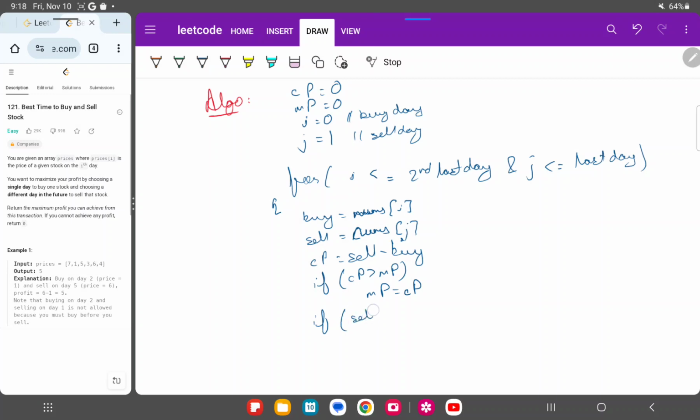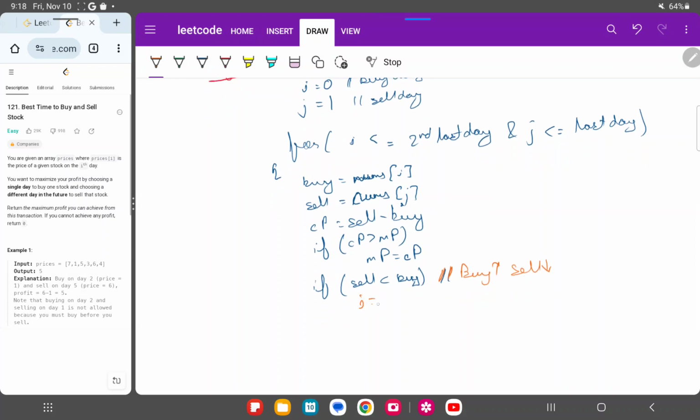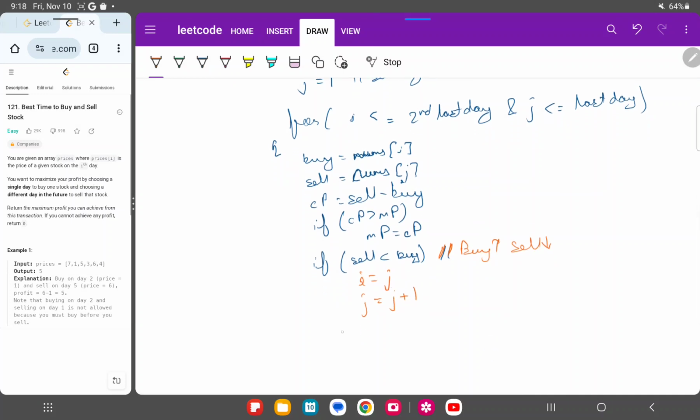If we encounter this condition, sell less than buy, so basically this is a buy high, sell low condition. In that case, what do we do? i equals j. We assume that we bought from that selling day where we're selling at a lower price. We're actually buying now from that, and we just start selling from the next day to check if we have a better day to sell.